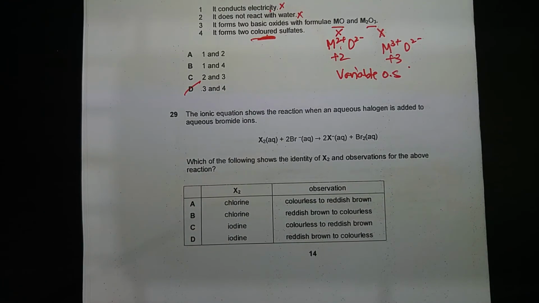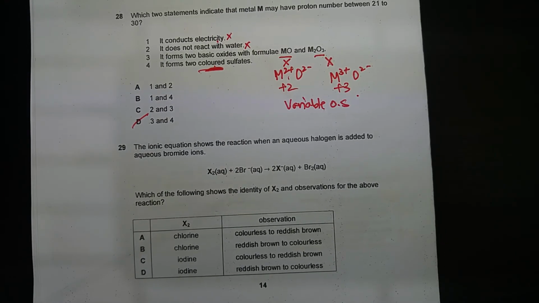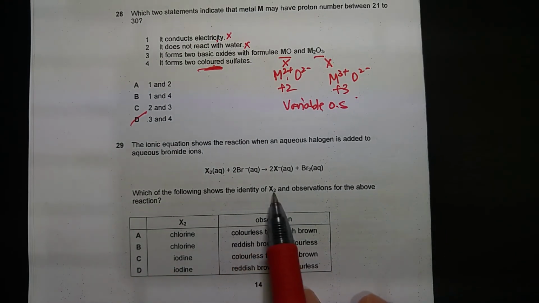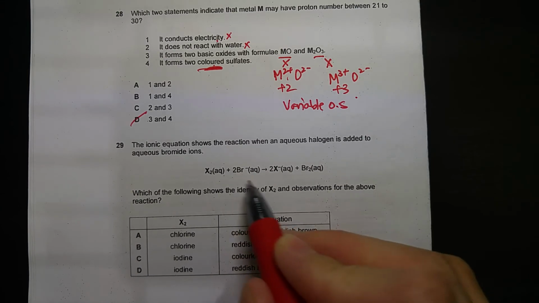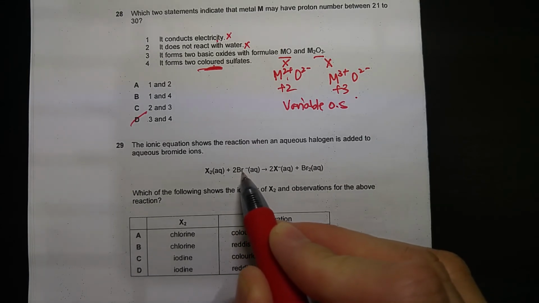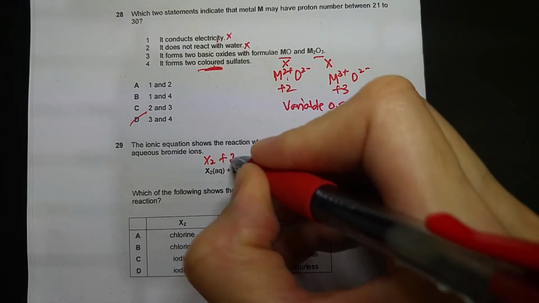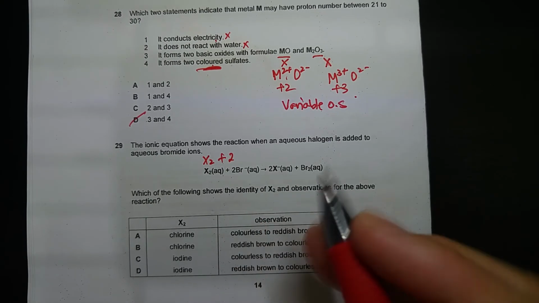The ionic equation shows the reaction when an aqueous halogen is added to aqueous bromide ions. Which of the following shows the identity of X2 and observations for the above reaction? Now, added to bromide ions, that means that it must be a salt solution.